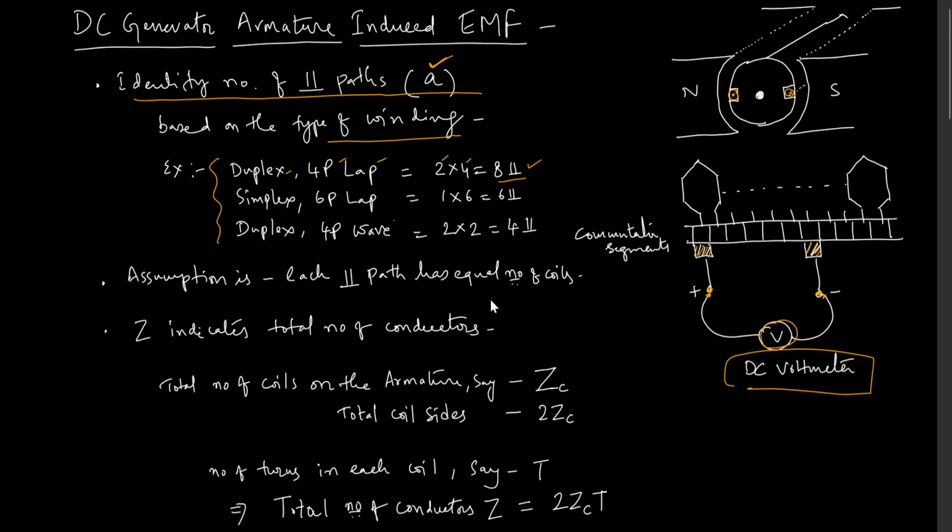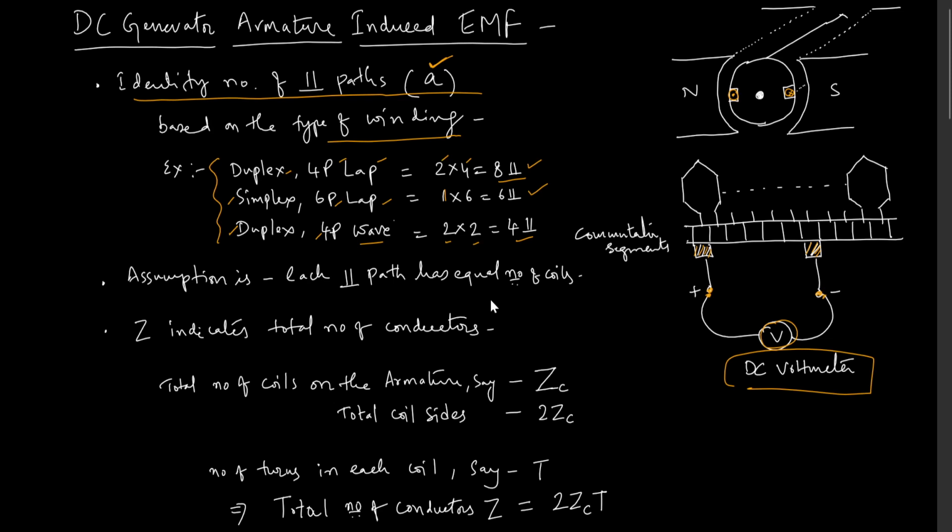And for example, in case of simplex 6-pole lap winding, we have 1 into 6, that is 6 parallel paths. And in case of duplex 4-pole wave, we have 2 into 2, that is 4 parallel paths.